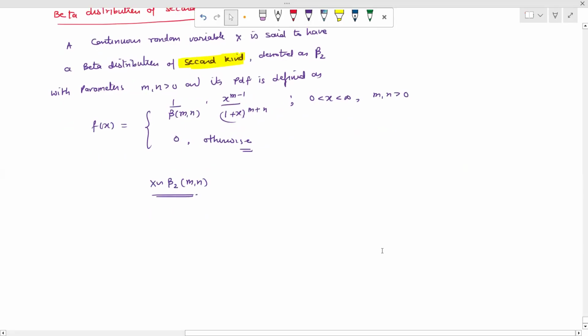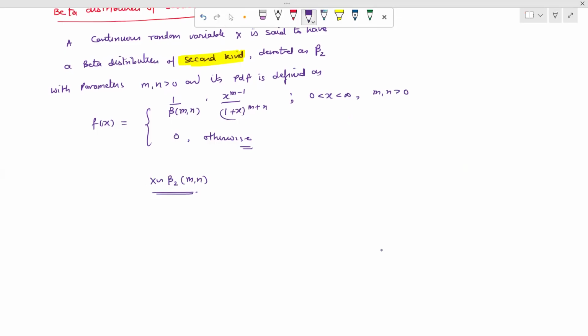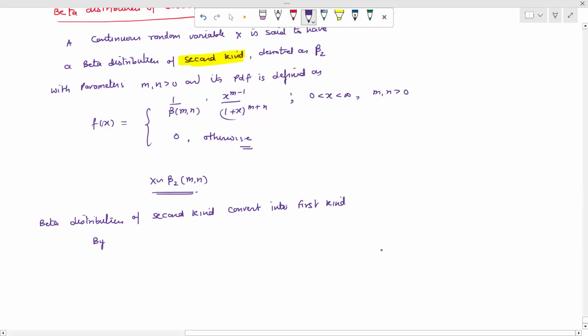Okay, so we see that we can convert the beta distribution of second kind into the beta distribution of first kind by using the substitution y equal to 1 upon 1 plus x.